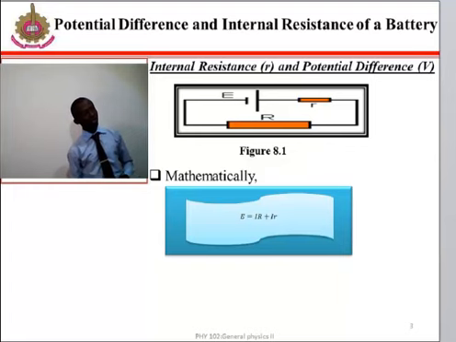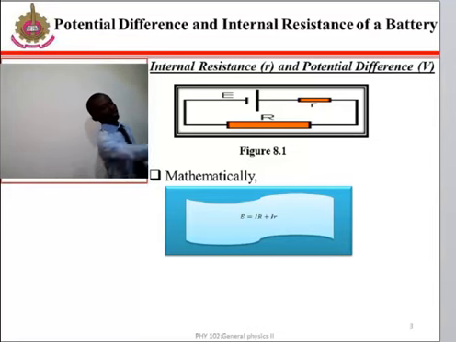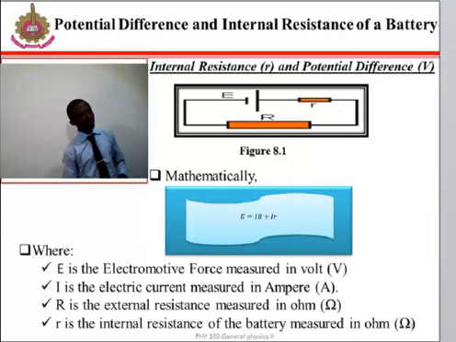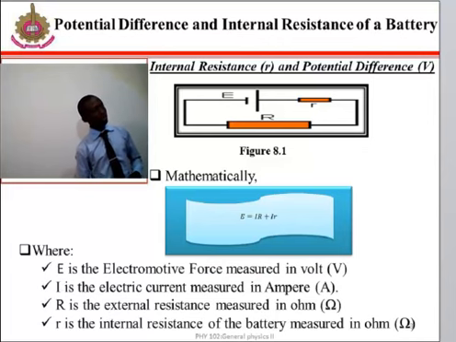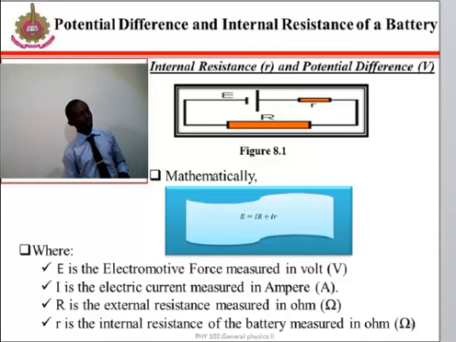That is, the electromotive force E is equal to the product of the current multiplied by the external resistance R plus the product of the current and the internal resistance small r, where E is the electromotive force measured in volts, I is the electric current measured in ampere, R is the external resistance measured in ohms, and small r is the internal resistance of the battery measured in ohms.